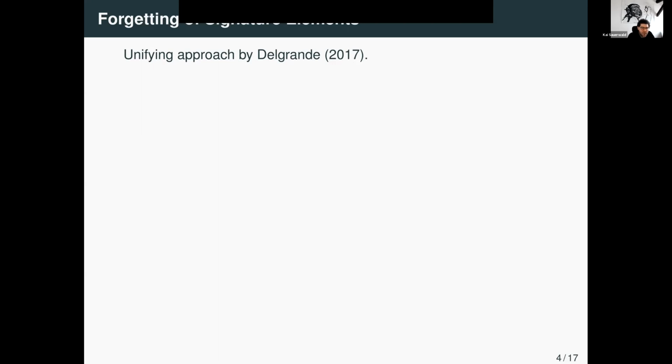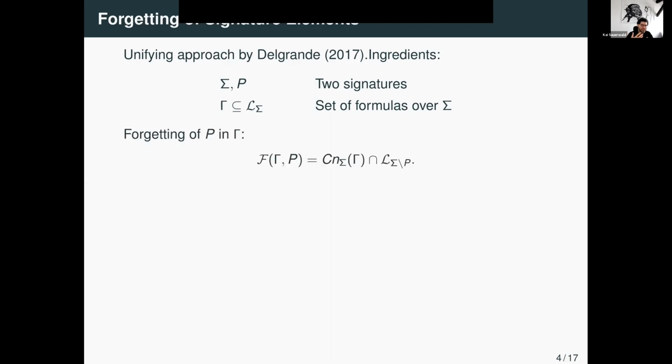What he is stating is, okay, you can summarize all these kinds of signature forgetting in the following way. When you have two signatures and a set of formulas, then you can understand, very roughly, all the things of forgetting in the following way. You take the set of formulas, do the deductive closure in the sigma signature, and then you lower it down to all the formulas which are not talking about the things you want to forget. And because we have a deductive closure here, you also get a deductively closed set then.